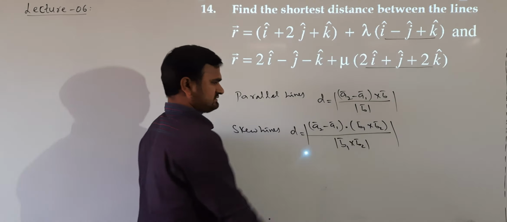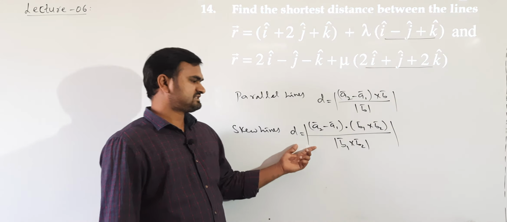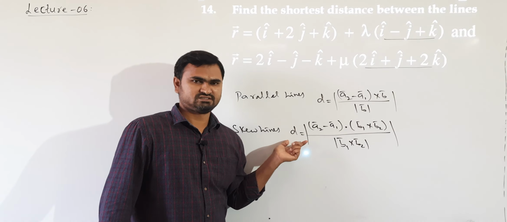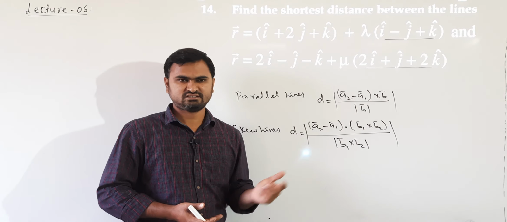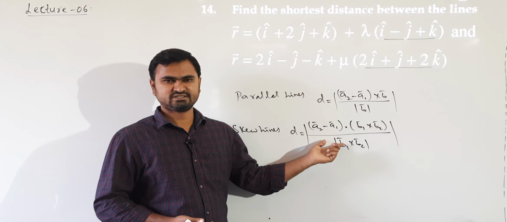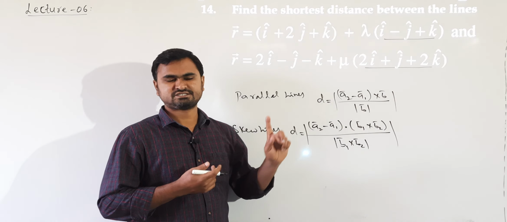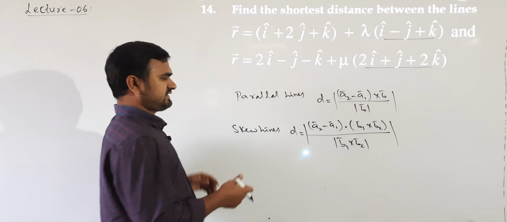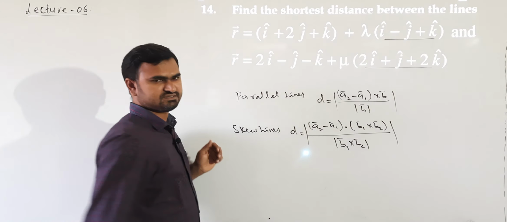Take the modulus. So this is the formula for the distance between skew lines. Using this formula, let us find the distance. If they are intersecting lines, the shortest distance between them is 0. If they are skew lines, some distance will exist.